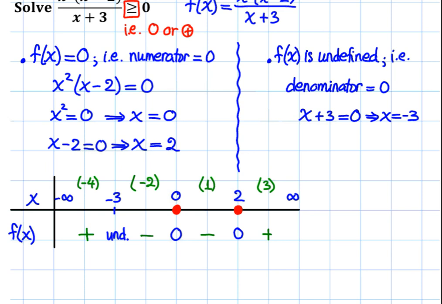Right. The function is undefined at -3, so we cannot choose -3 ever. So it's going to be an empty circle there, regardless of the problem. The denominator cannot equal 0. All right, then we also need to choose positive. It is positive in this interval, and positive in this interval.